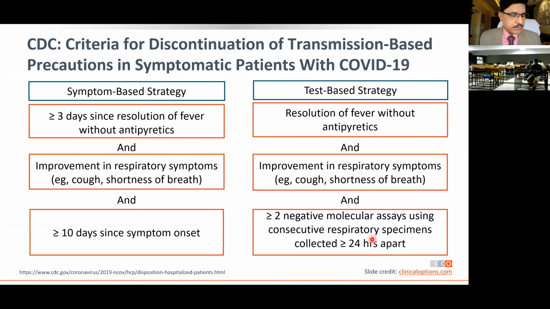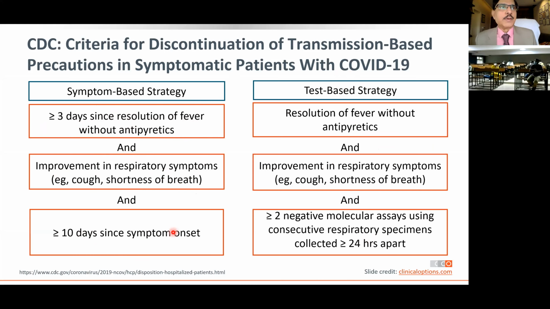Criteria for discontinuation: when do I say the patient is okay, we can go home? Symptom-based strategy, test-based strategy. Three days of resolution of fever without antibiotic, three days without symptoms of fever, without any Dolo or anything, and improvement in the respiratory symptoms, or 10 days of symptoms have elapsed.